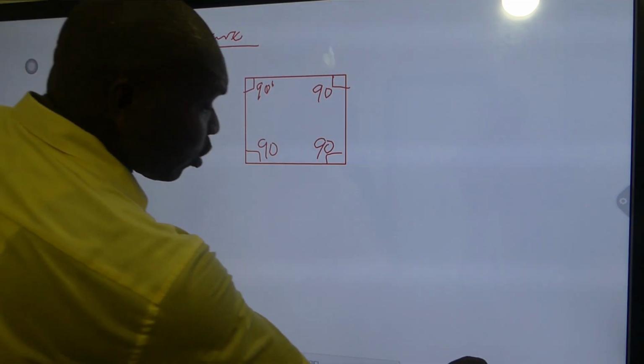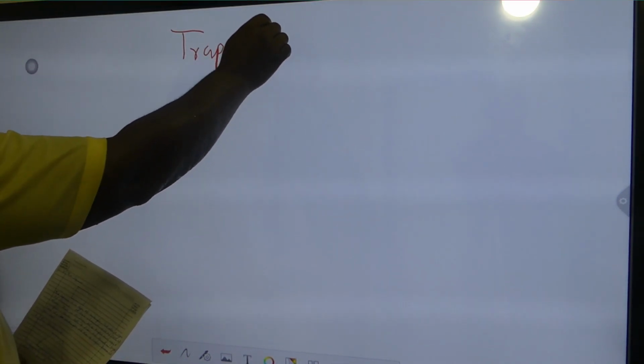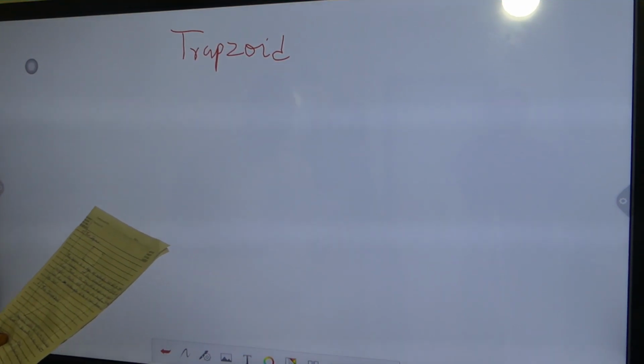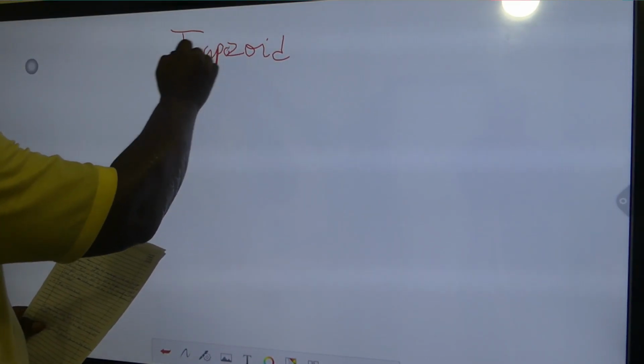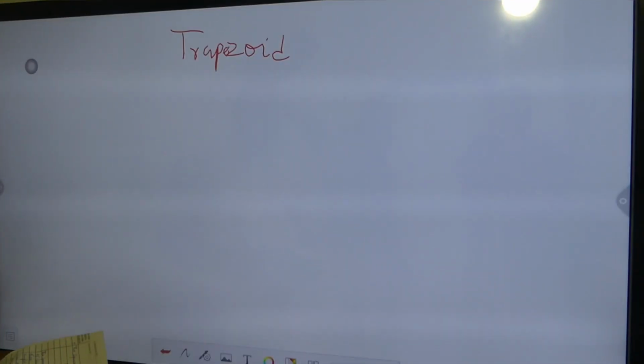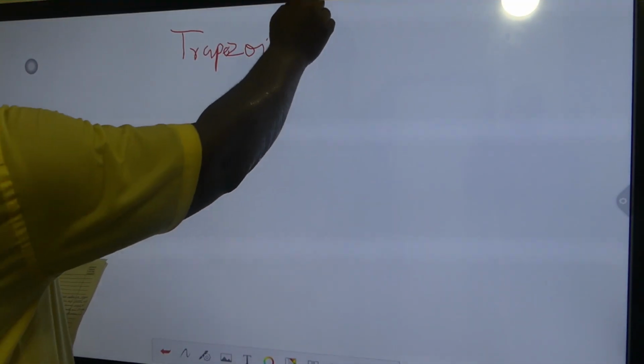Another shape we are going to talk about, which is the final shape we are going to discuss in this topic, is the trapezoid, or what we call trapezium. Trapezoid, or we call it trapezium.